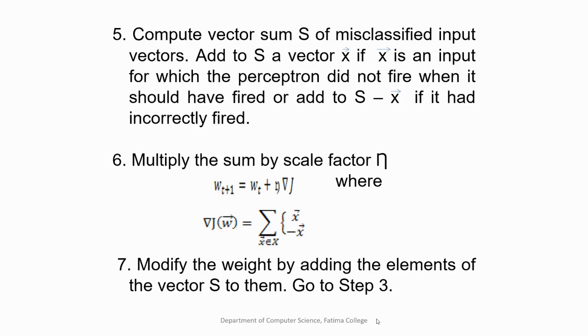Modify the weight by adding the elements of the vector S to them and go to step 3, where the third step is to repeat the loop. So this is how the weight is modified. When you keep changing the weight, you get different outputs, and the perceptron keeps learning through the change of weight. That is all about the fixed increment algorithm for making the perceptron learn by changing the weights.